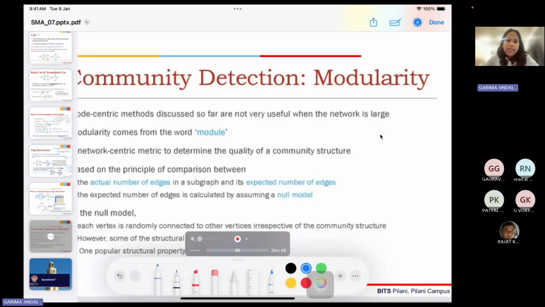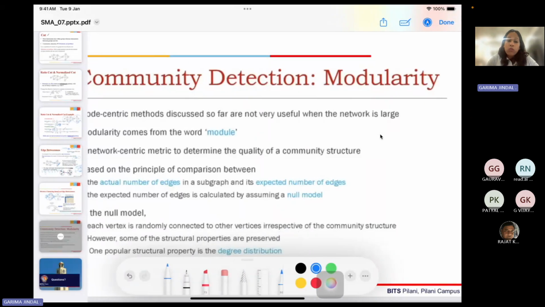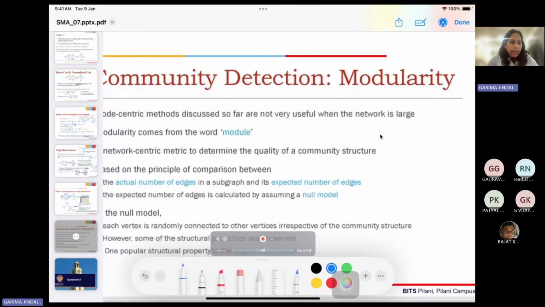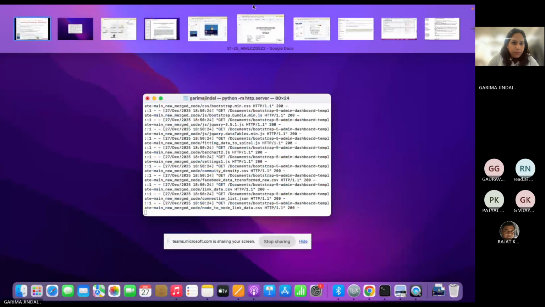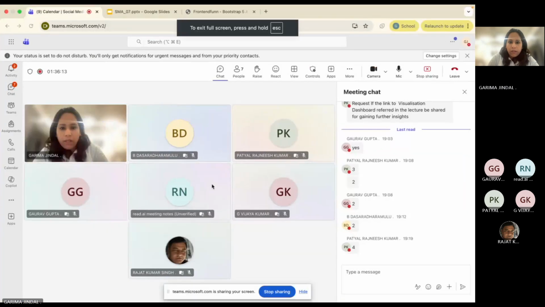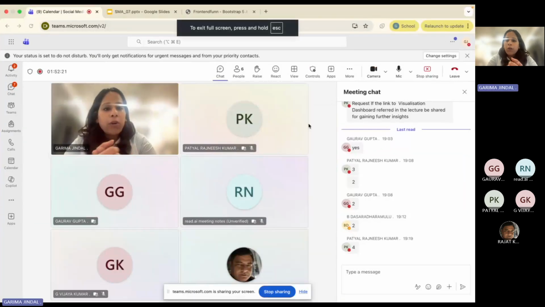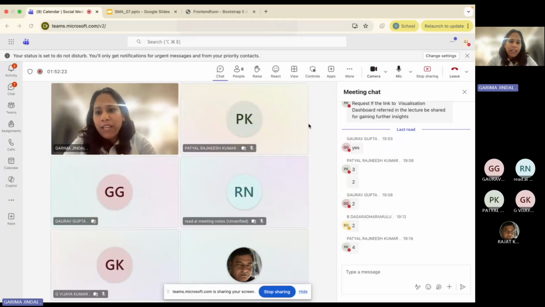The modularity algorithm is very popularly used in a lot of research papers.